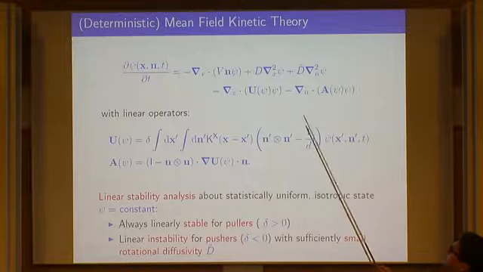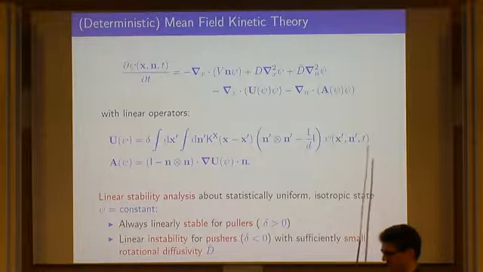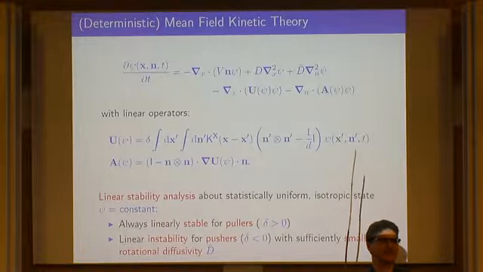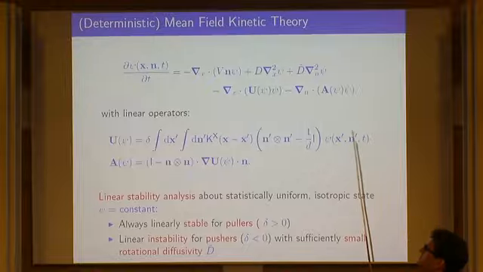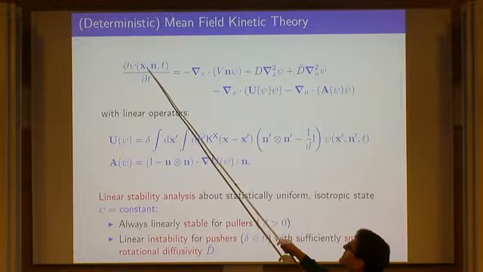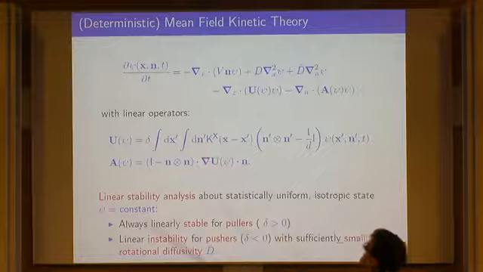But instead of trying to write down a Fokker-Planck equation in 6N dimensions for the N swimmers and 6 degrees of freedom for each, you're just trying to write it down for a given swimmer at position x and a given orientation n.